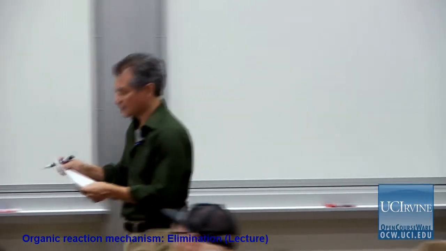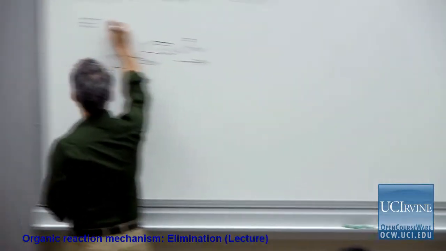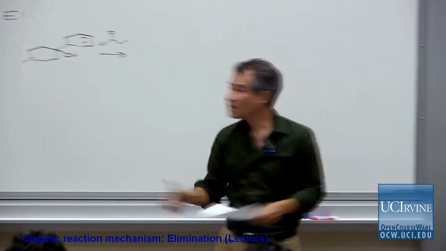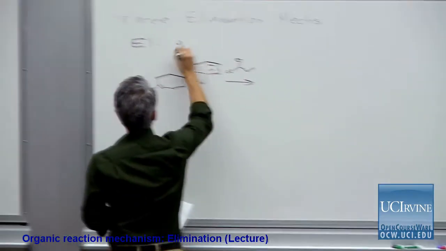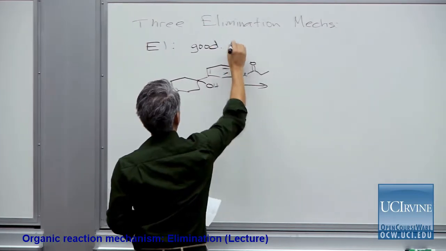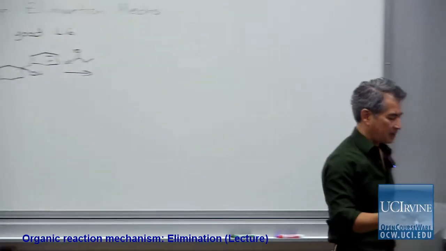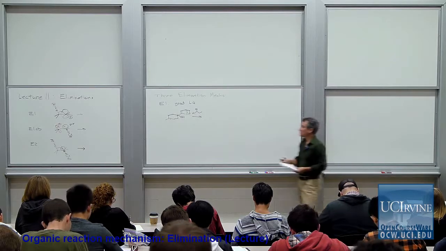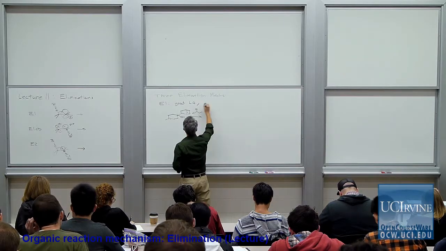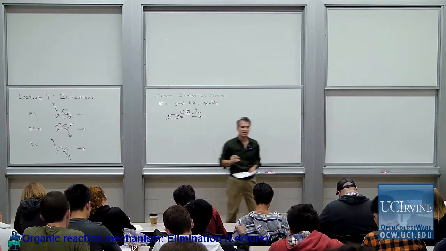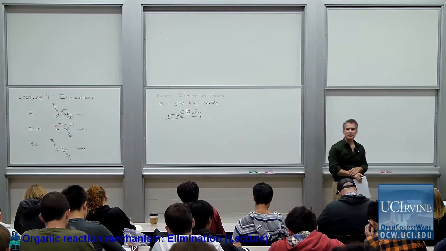I'll start off by talking about E1 elimination mechanisms. They all involve carbocations, and so that means we better have good leaving groups. Those will tend to be prominent mechanisms for elimination. And not just good leaving groups, but you want to have stable carbocations. That's another clue that it probably proceeds through an E1 elimination mechanism.